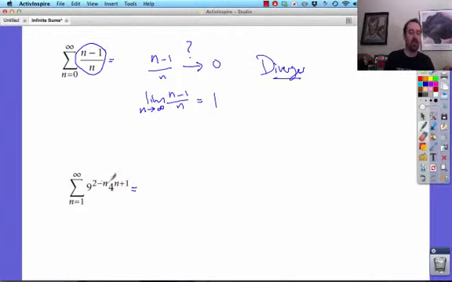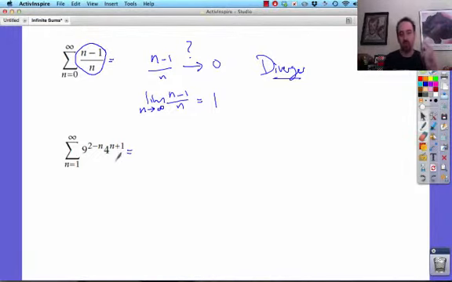Okay, let's take a look at this next one. Now we have what looks very interesting. We've got stuff raised to a power. So this kind of leads you to think maybe this is some kind of geometric series. Okay. And indeed, it actually is a geometric series. Let's take a look at it. We're going to try to rearrange this so that we have just one thing to a power.